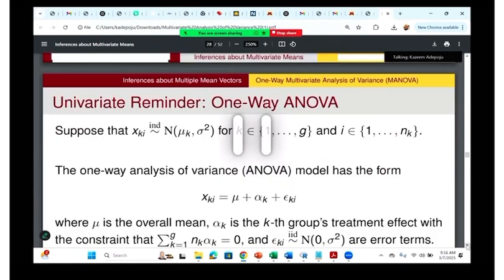Before I go into the formula, I'm actually going to start from univariate analysis of variance, then I will extend that to multivariate. And of course, that is what we've been doing. We've been starting from the univariate. From univariate, we go to multivariate.